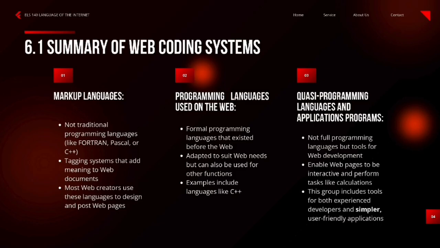So, when we browse the internet, we see websites with text, images, buttons, and interactive features. But how do these websites actually work? They are built using different types of coding systems, and let's break them down into three main categories.